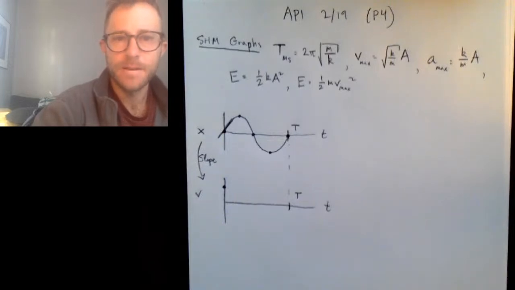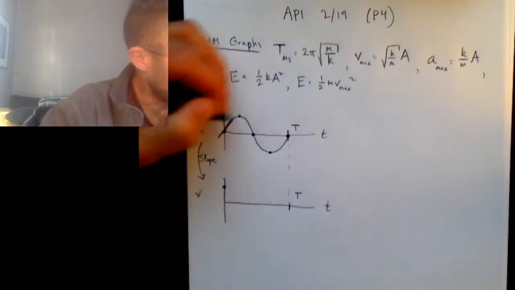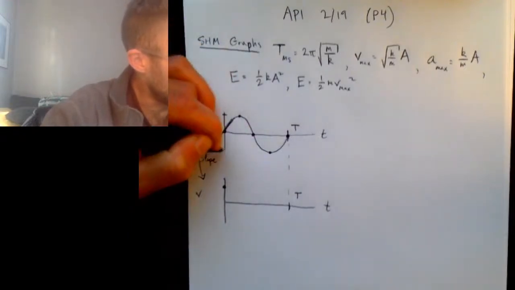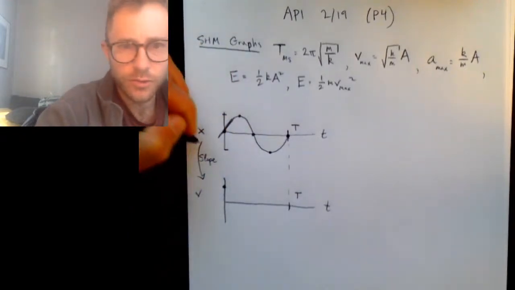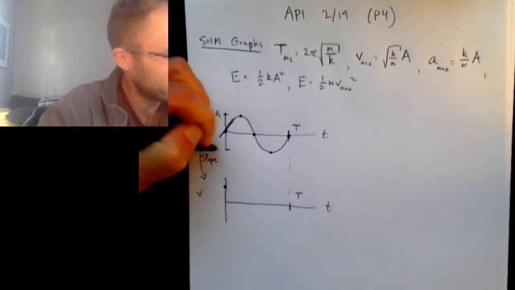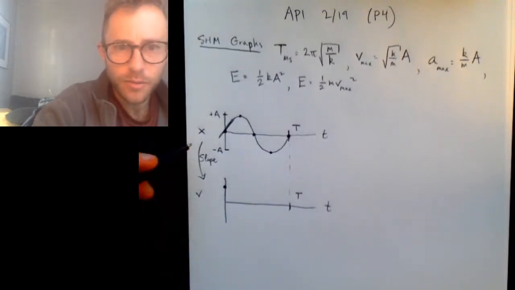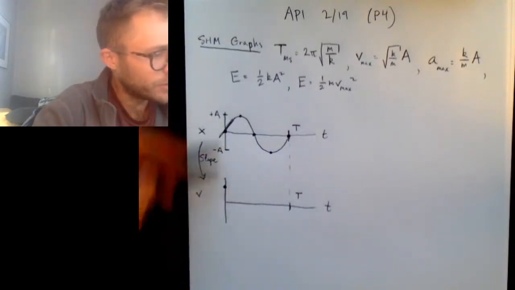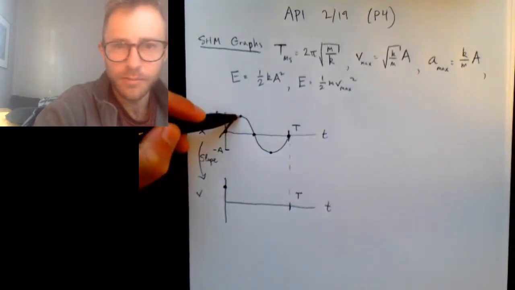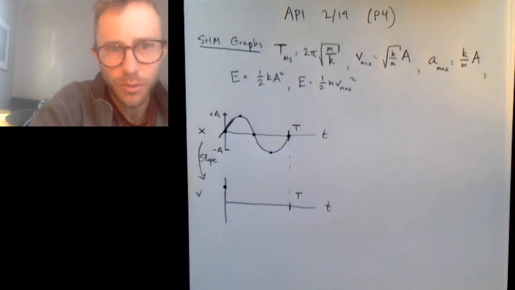By the way, I forgot to add that the position graph wiggles between plus an amplitude and minus an amplitude. So we take the slope. At this point, the slope is positive.